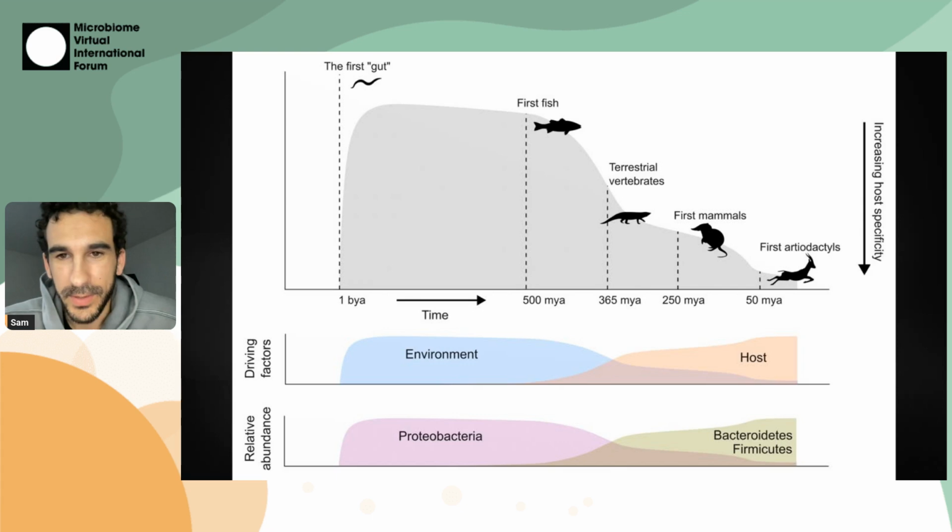It wasn't until you really get towards fish, the first vertebrates, that you start to see the beginnings of host factors take shape, but not really until terrestrial vertebrates that you see it outtake the environment, where you have things like complex gut morphologies and more complex immune systems evolving, with mammals having the most complex immune system.